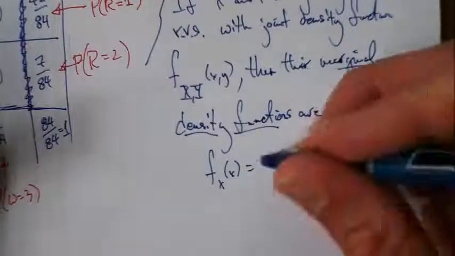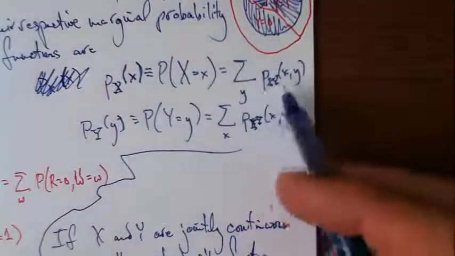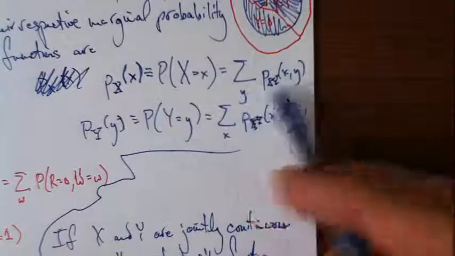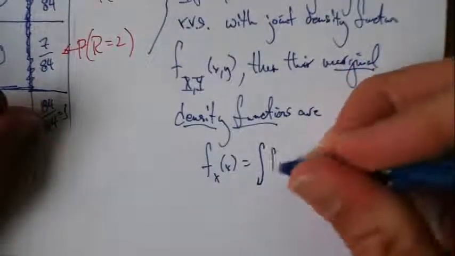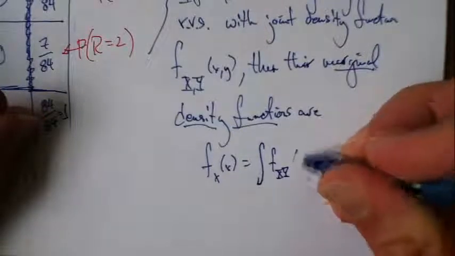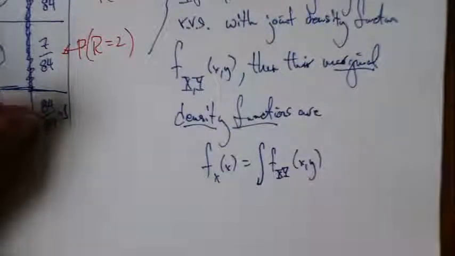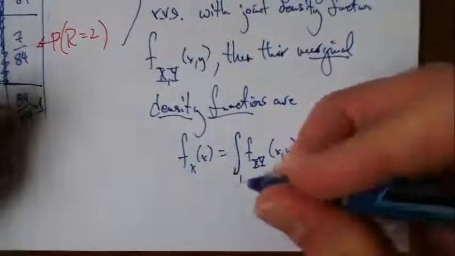So I'm going to follow the way this tells me to. I've got to sum up the probability mass function over all values of the other variable. So that's exactly what I'm going to do here. I'm going to sum up, in this case, the joint density function f x y over all values of the other variable.